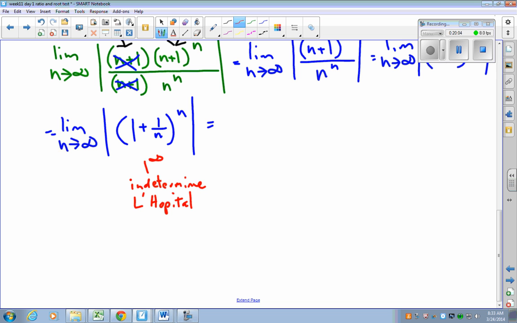But this is a famous one, and I want you to start remembering it, because it's so famous it becomes a letter of the alphabet. You're like, what? A letter of the alphabet? Pi is not a letter of the English alphabet, but e is, and that goes to e. What you would have had to do with L'Hopital is take the natural log, do the L'Hopital part, then e it back, and your answer would have been e in the end.